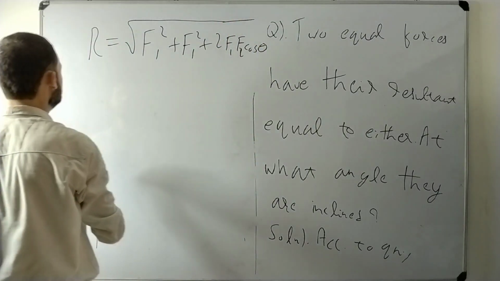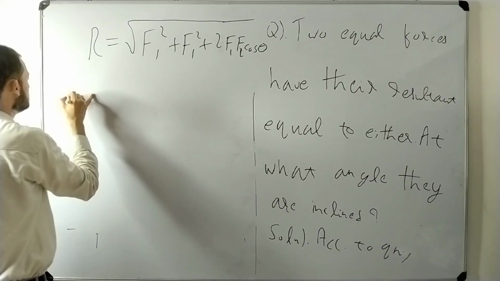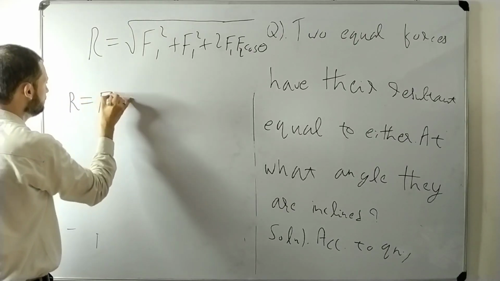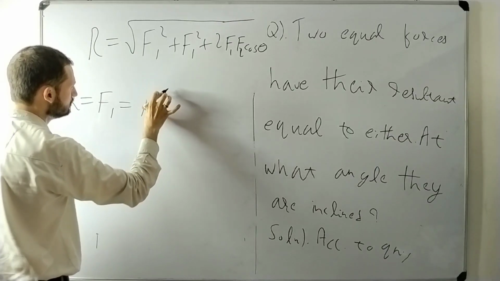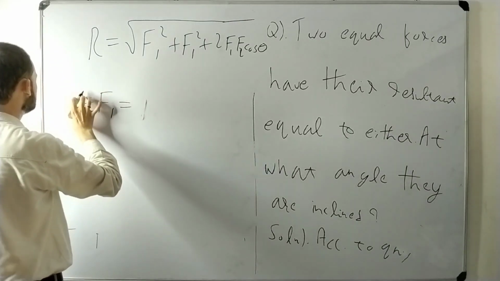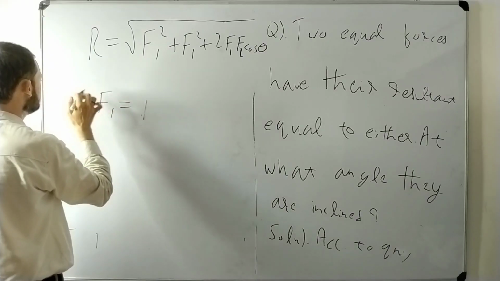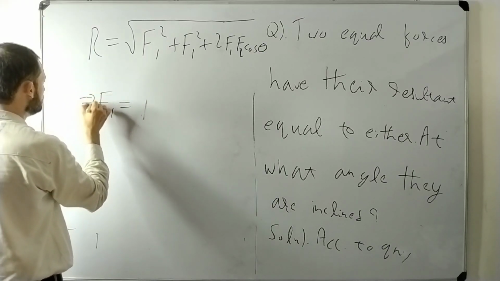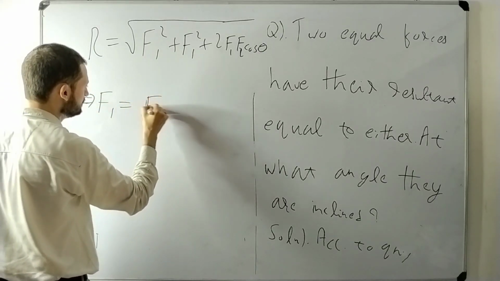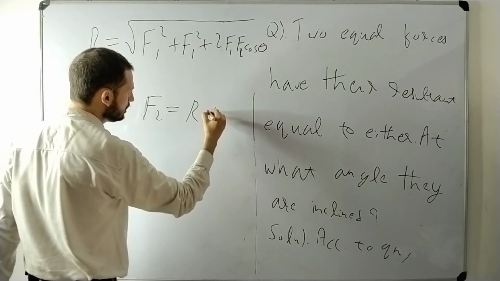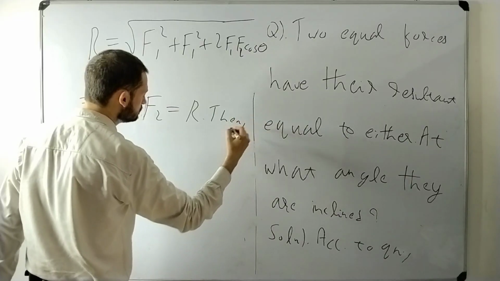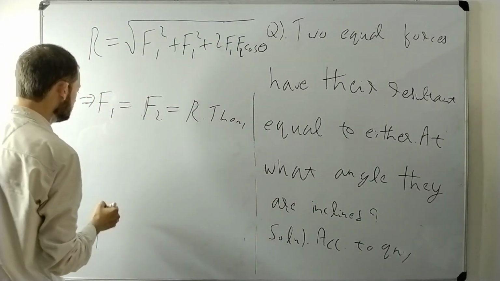Then what is given? It is given that f1, f2 are equal to R.